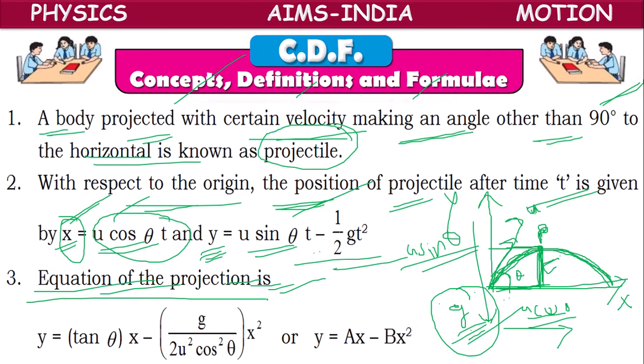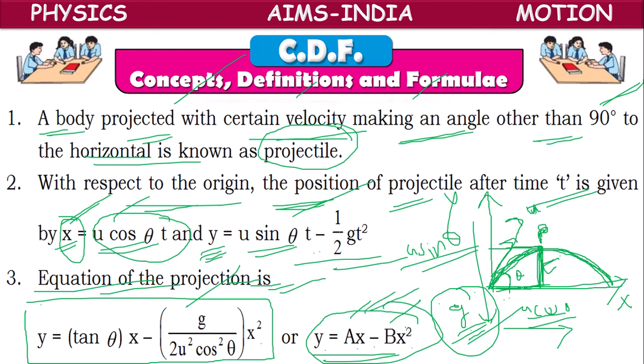This is the equation of the projectile. Where the coefficient of x square we can assume as b, and the coefficient of x we can assume as a, then it is in the form y equal to ax minus bx square, in which the highest power is 2. So it is a quadratic equation, and its shape will be like a parabola on the graph paper.